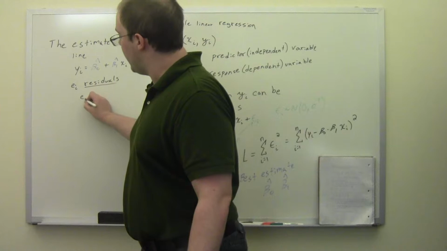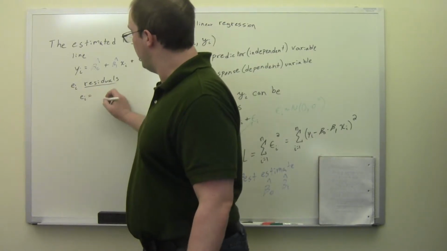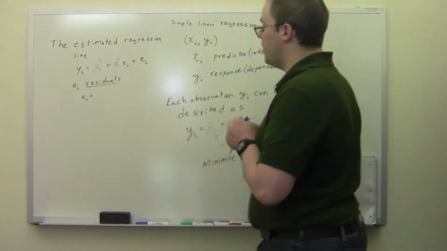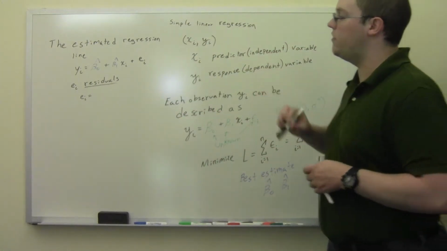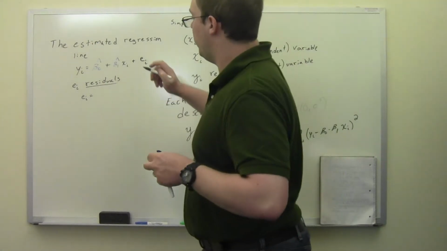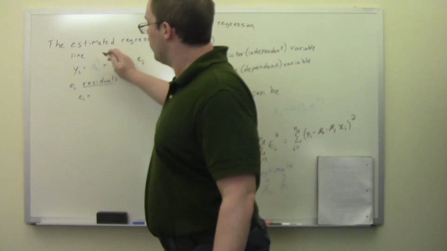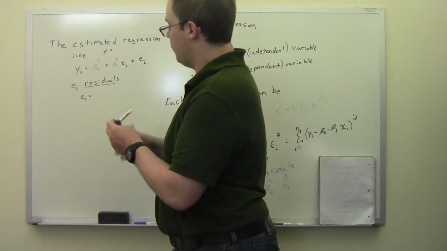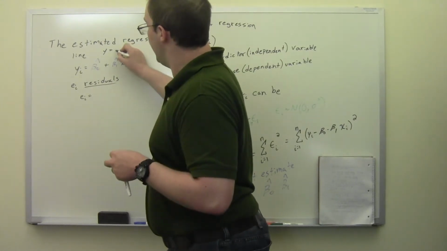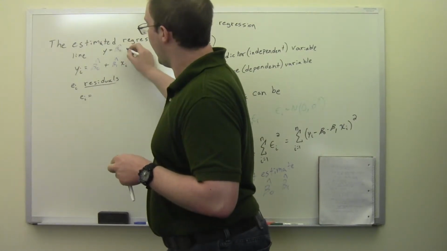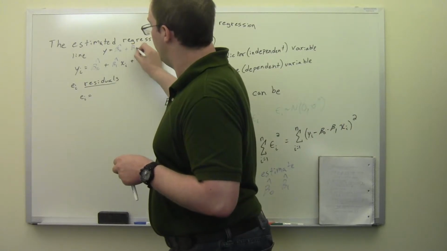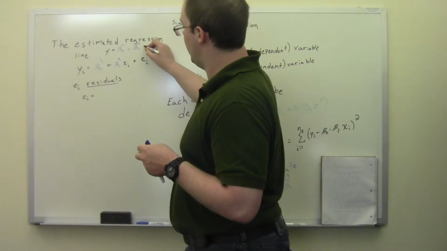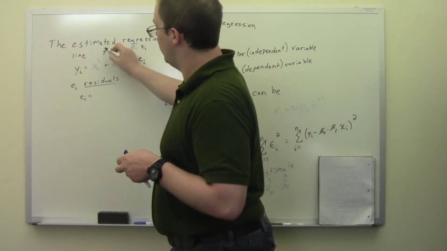Let me take one step back and say, actually the estimated regression line would be y equals beta 0 hat plus beta 1 hat xi.